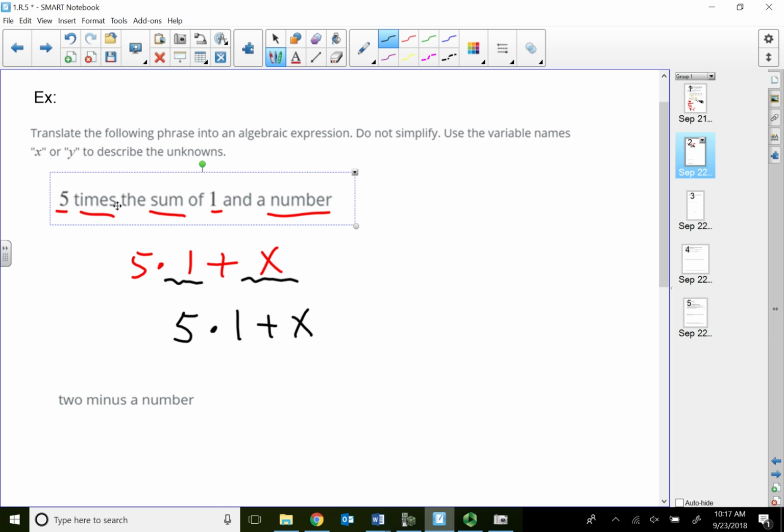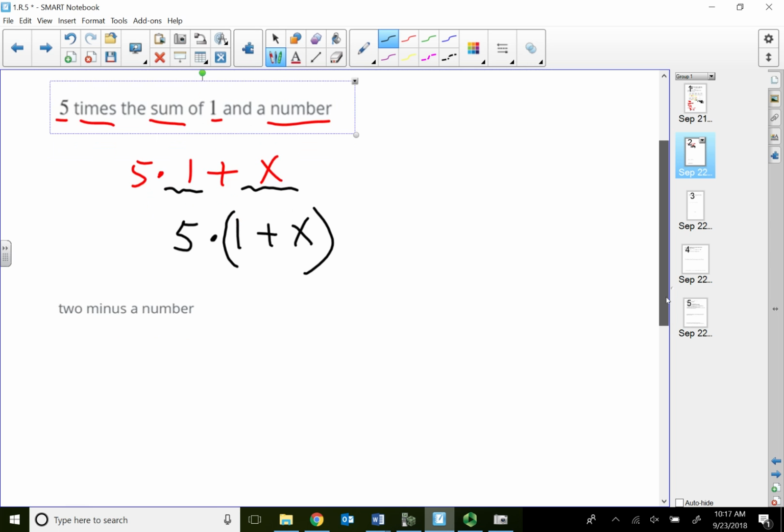This problem says 5 times the sum. So that means 5 needs to multiply the entire sum of 1 and x. That's the reason why 1 plus x has to be in parentheses. Without it, it actually means only 5 times 1. But the problem says 5 times the entire sum, so that's why they have to be in parentheses.